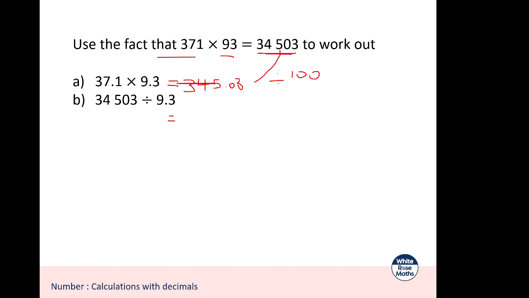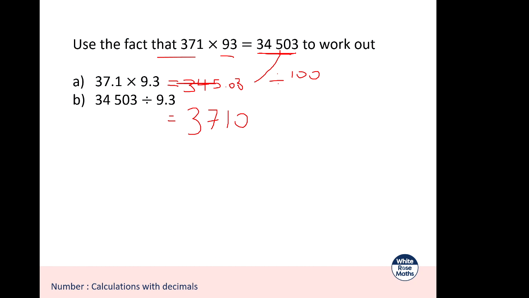Okay, next one. So we're actually dividing now. It's the same number, but I'm dividing it by 9.3. So my answer is going to be 10 times bigger than 371. So my answer will be 3,710. The reason for that is because if I divide it by 93, I get 371.